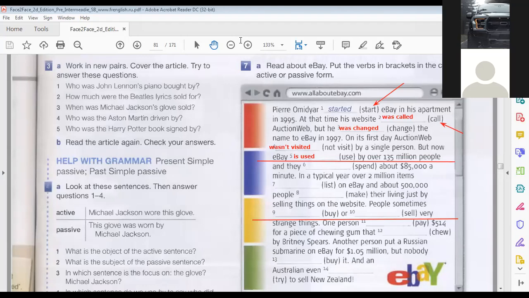And they are spent about 85,000 minutes in a typical year, over 2 million items.